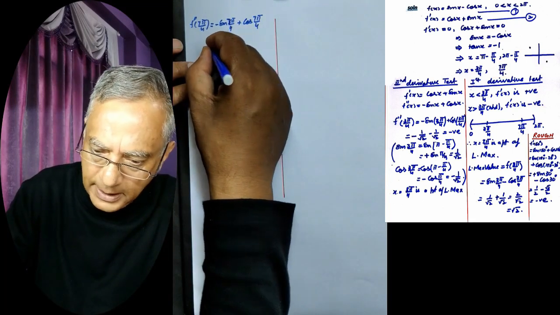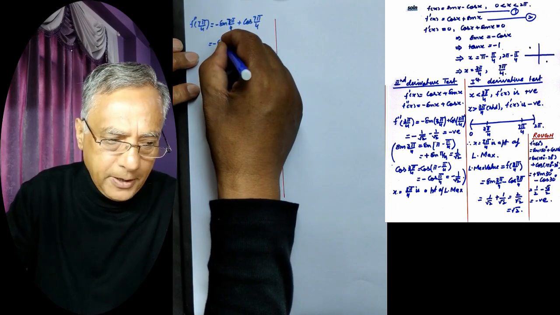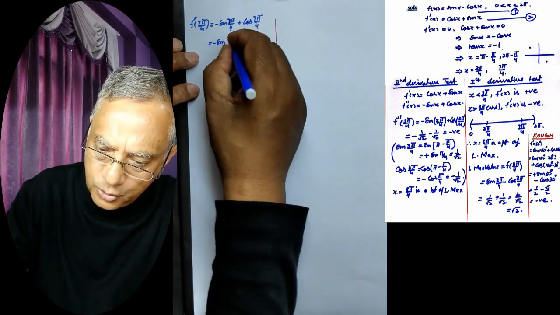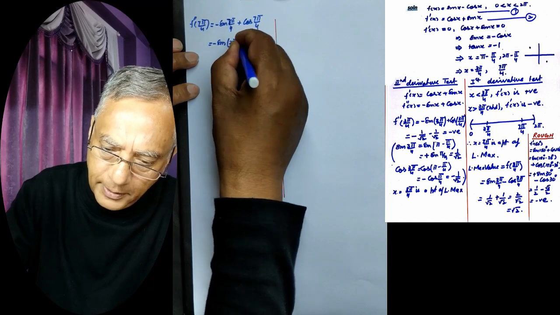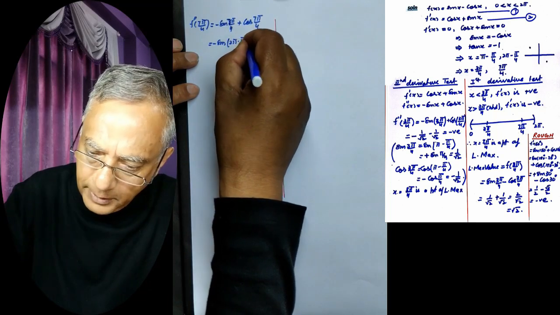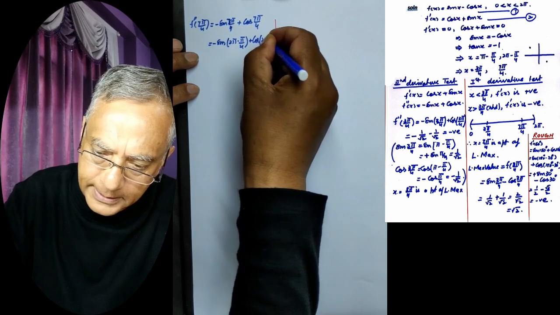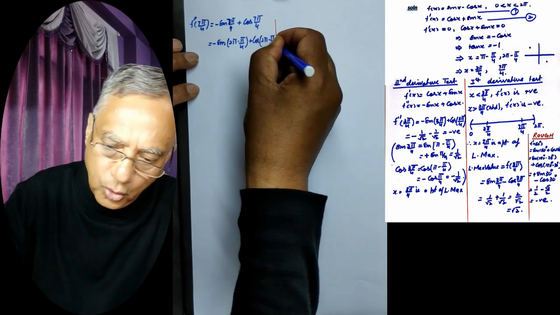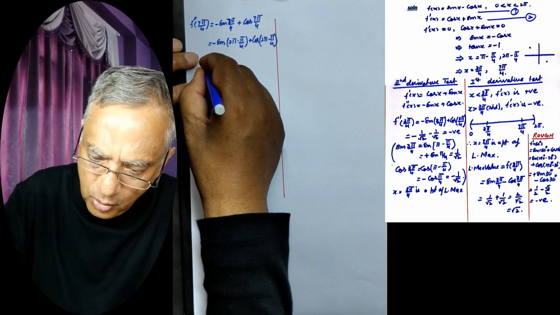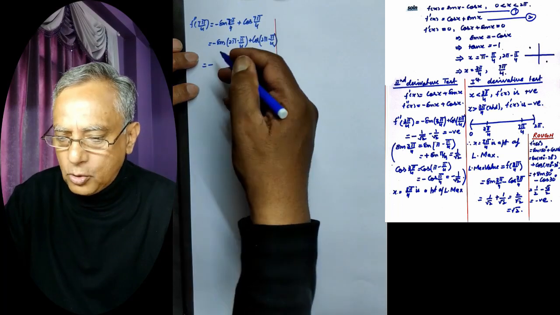This is equal to minus sine of 7 pi by 4. 7 pi by 4 is 2 pi minus pi by 4, plus cos of 2 pi minus pi by 4. So this is equal to minus, now sine of 2 pi minus pi by 4.